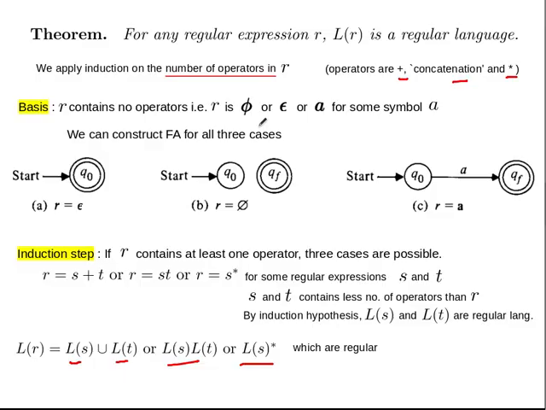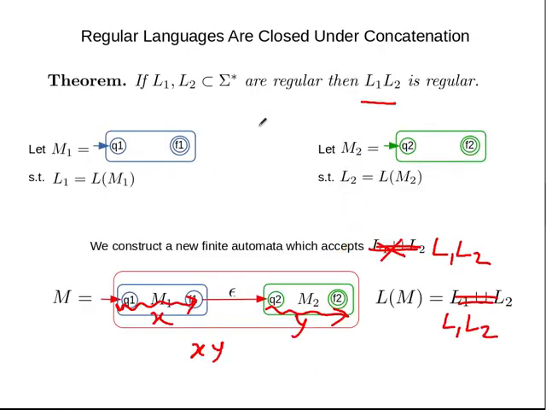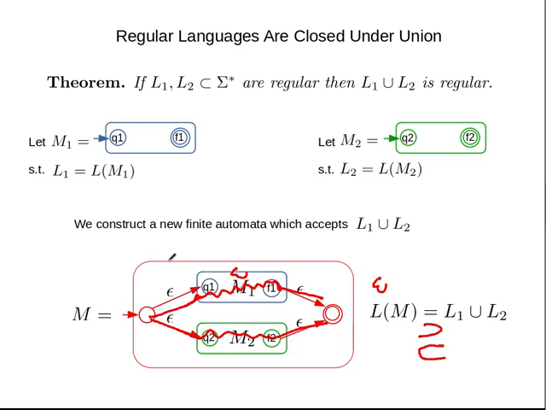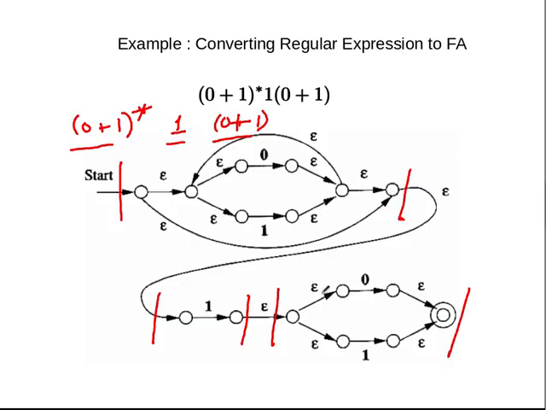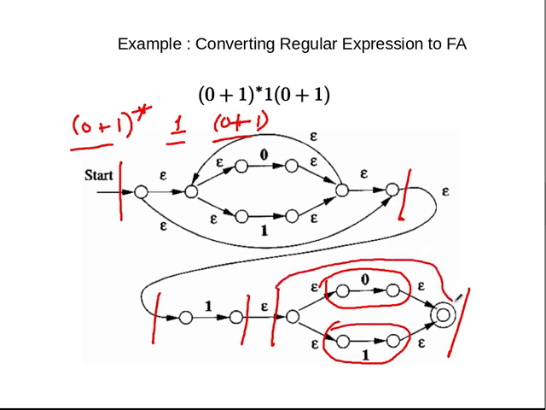So again we are using this construction. So if you have a machine for this and this, then we are using this epsilon transition. So here in this example, we have a machine for 0 and 1, which is just this 0 and 1. So this is the machine for 0, this is the machine for 1, and you see that we are just adding this epsilon transition. So this whole thing becomes the epsilon machine for 0 plus 1.